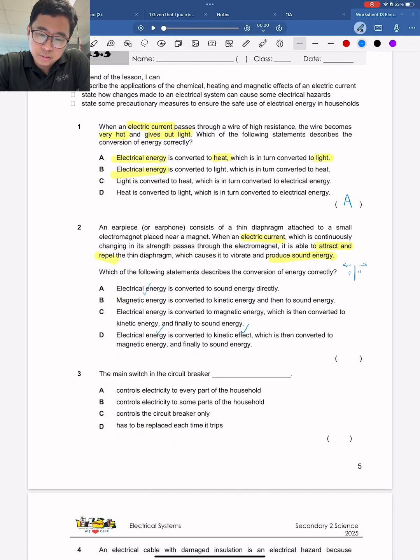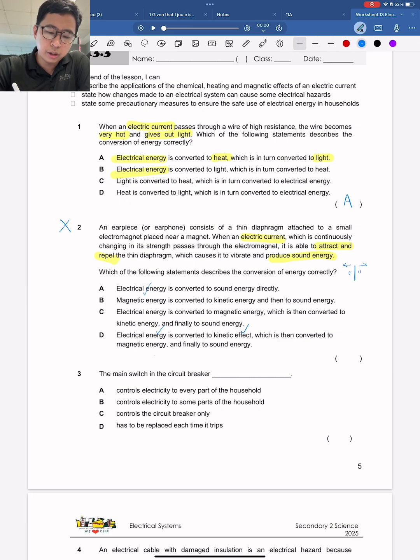Well, this question is not very good. There's no such thing as magnetic energy, so let's just remove magnetic energy for this. Actually, just ignore this question, okay? This question is wrong.